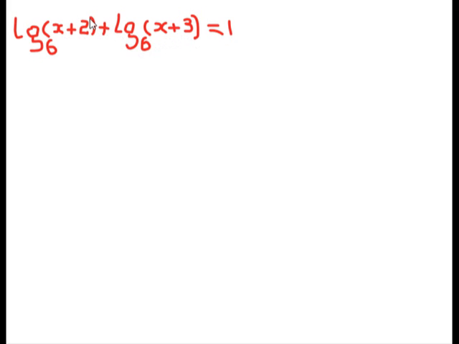So what we're gonna do, remember this formula.